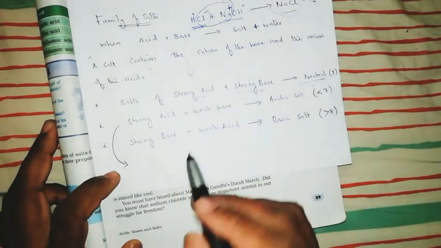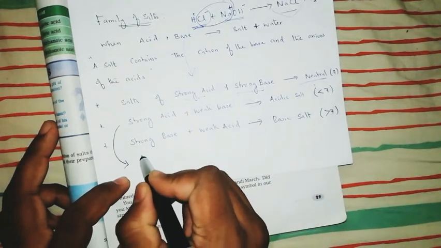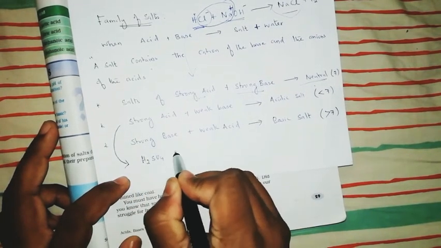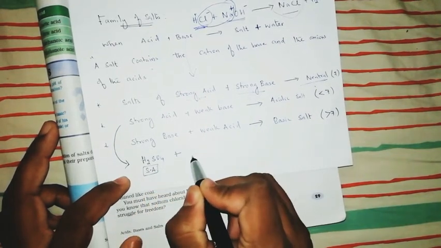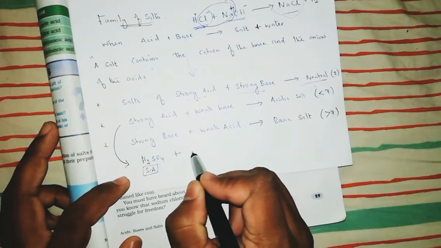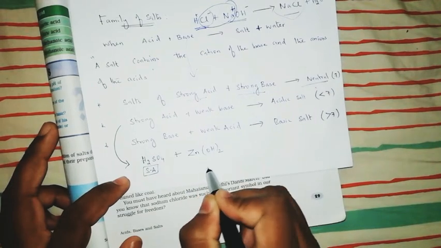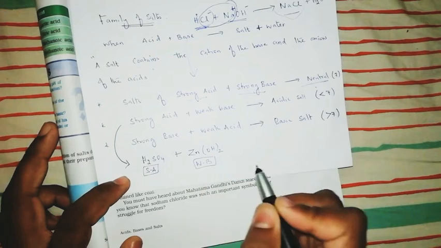Let's take another acid, sulfuric acid, H2SO4. Sulfuric acid is a strong acid. And the base I am going to take here is zinc hydroxide, and this is a weak base.